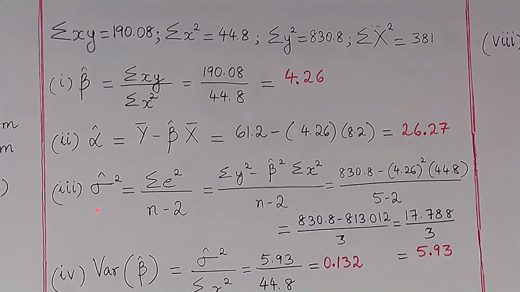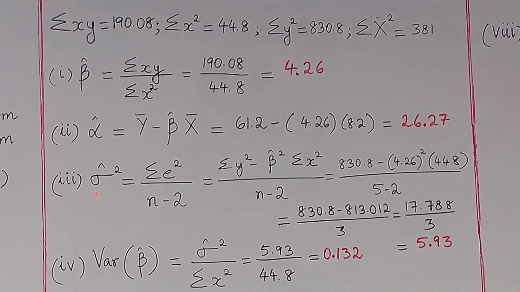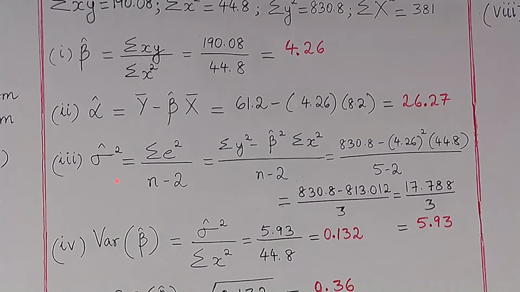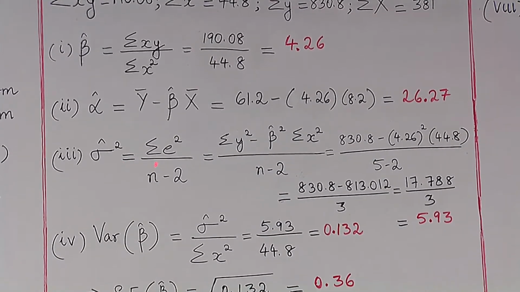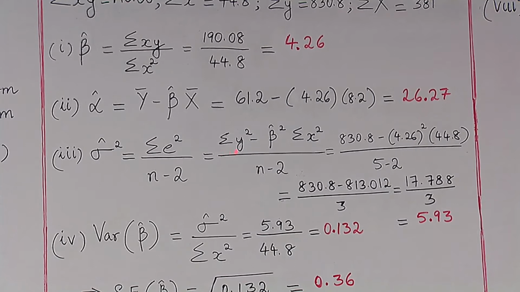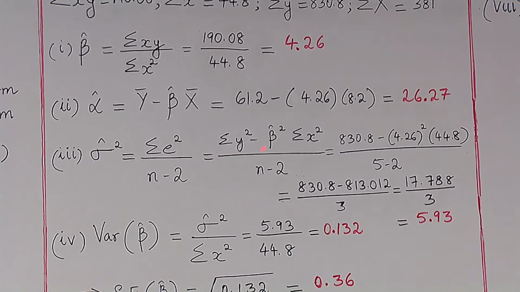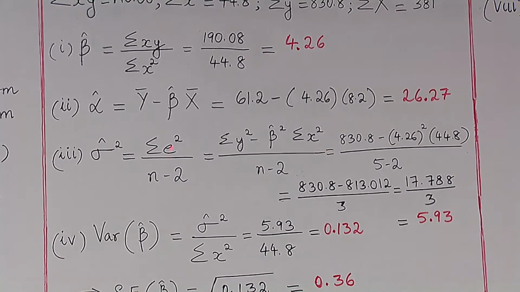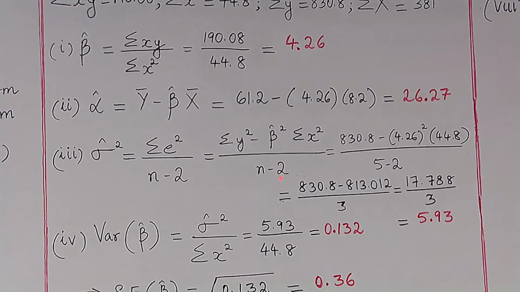The third important estimate is the variance of the error term, sigma hat square. The formula is sigma e square by n minus 2. Sigma e square is nothing but sigma small y square minus beta hat square sigma small x square, and according to the formula it should be divided by n minus 2.